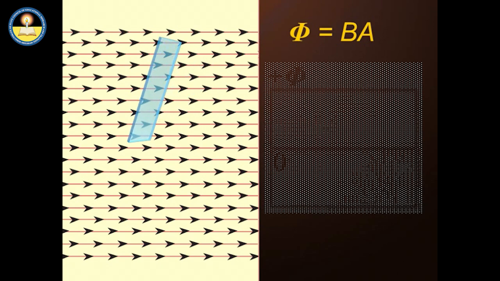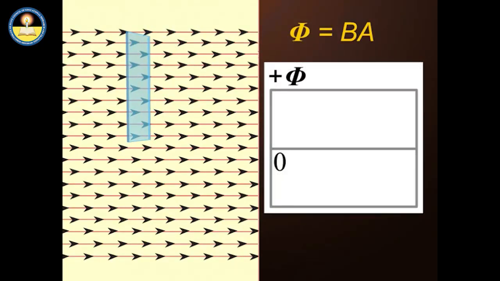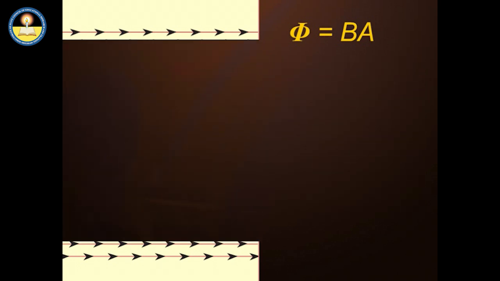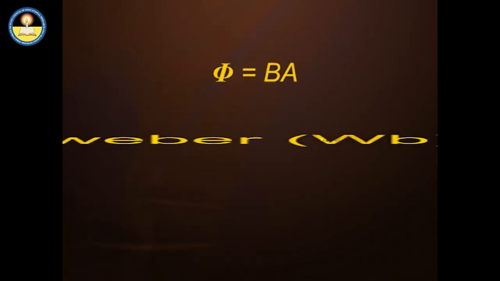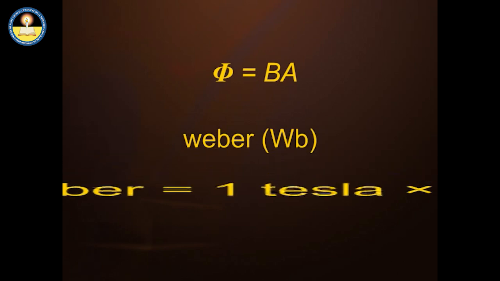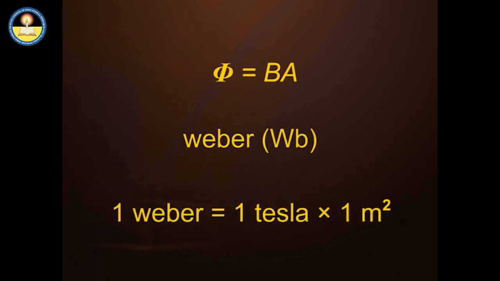It has a maximum value when the magnetic field lines are normal to the surface and a minimum value when the magnetic field lines are parallel to the surface. In SI units, the unit of magnetic flux is the Weber, which is equal to 1 Tesla meter square.